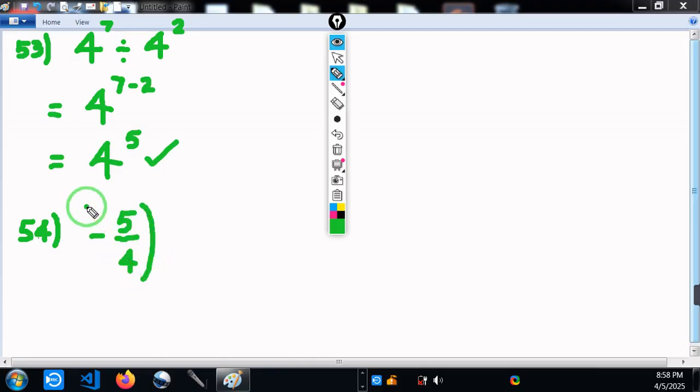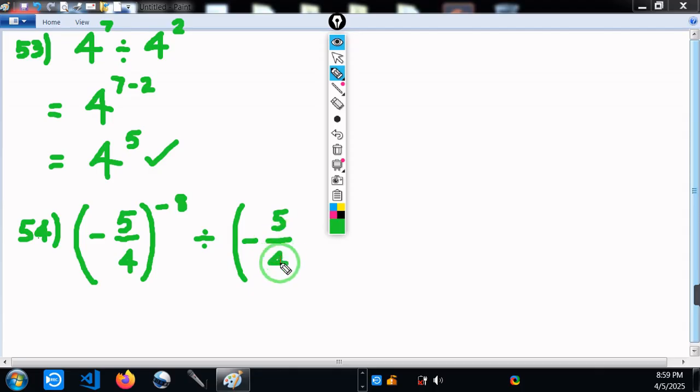The first power is minus 8. The operation is divide. The base repeats. The second power is minus 3. The base is minus 5 over 4. We just leave it as that.